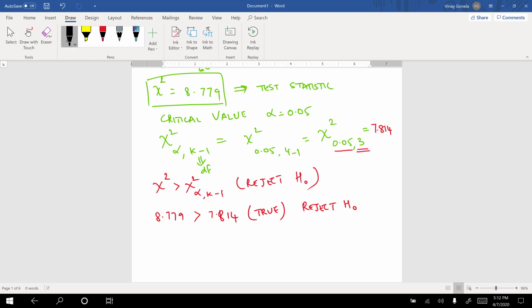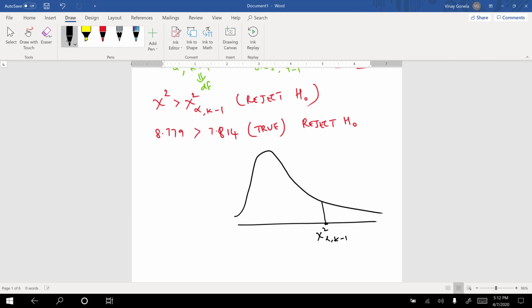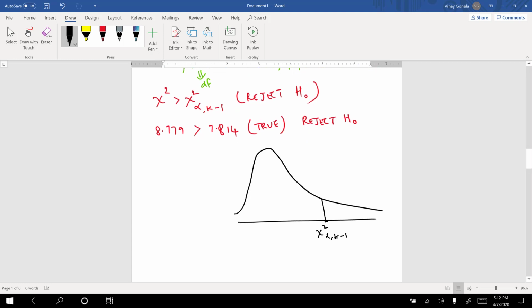So this is how, if we wanted to draw this and show you, this is how it looks. A chi-square looks like this, and then we have our critical value, which is chi-square alpha, k minus 1. So in this case it would be 7.814.